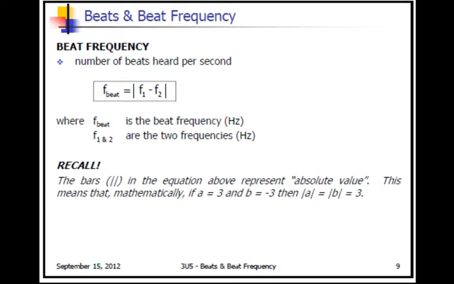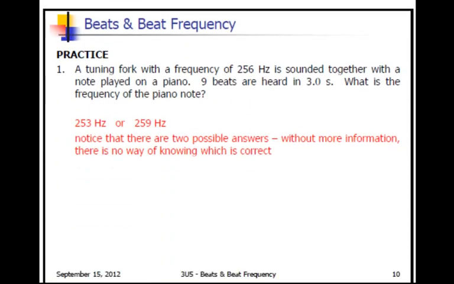So this is an equation: the beat frequency is equal to the absolute value of F1 minus F2, where F1 and F2 are the two frequencies. Note that when you're solving an absolute value, your beat will always be positive. So if your F1 is less than your F2, it will still be positive, because whatever value we put in an absolute value, whether it's positive or negative, the output is always positive.